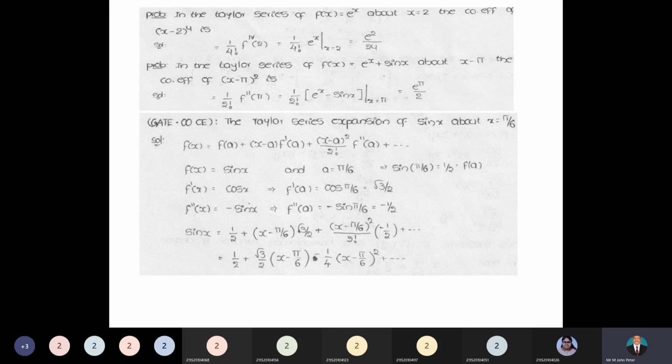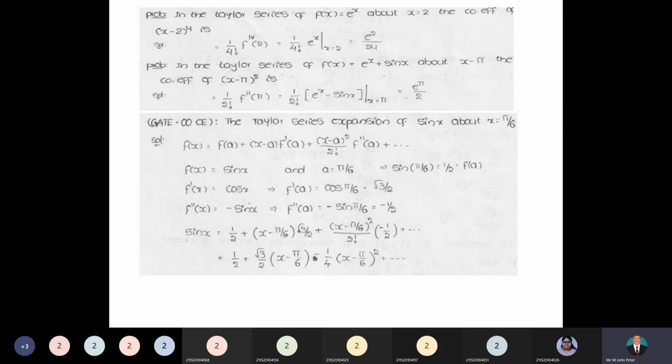First derivative: differentiate e power x as e power x, sin x as cos x. Second derivative: once again differentiate, e power x as it is, and cos x as minus sin x. That's why the second derivative is e power x minus sin x.